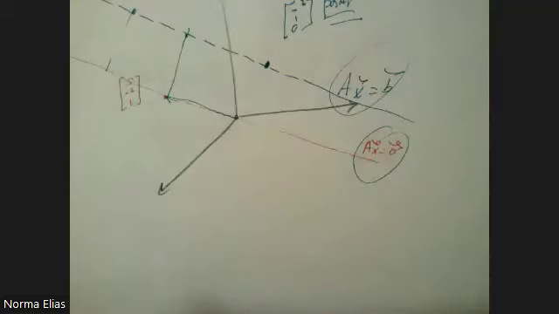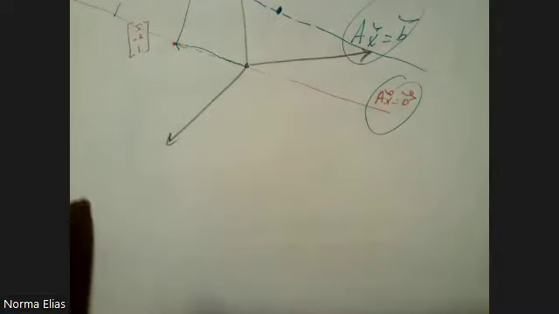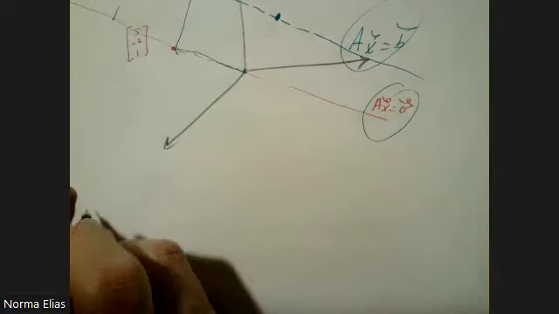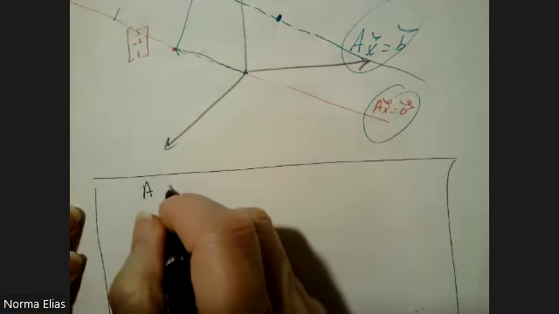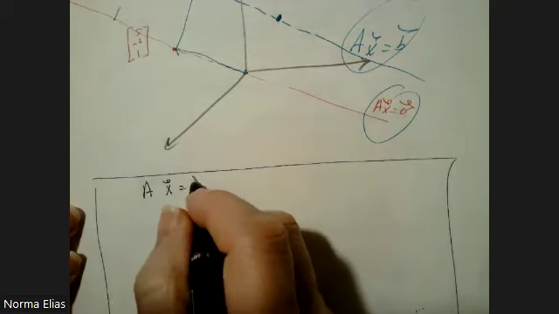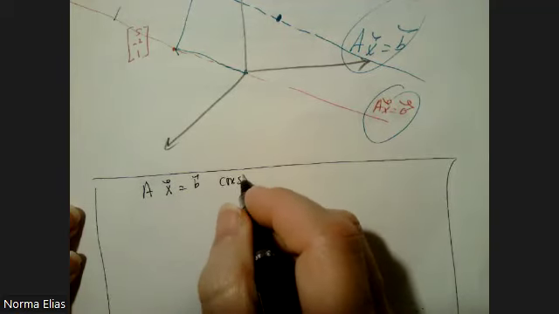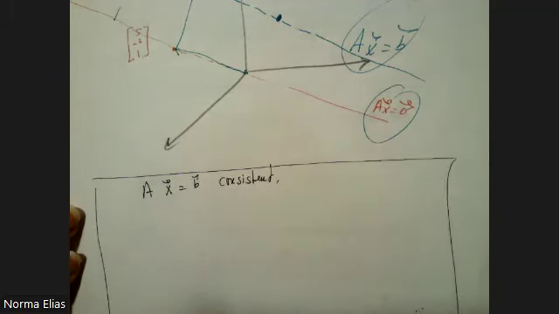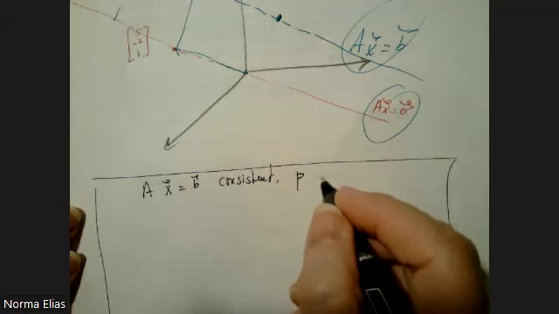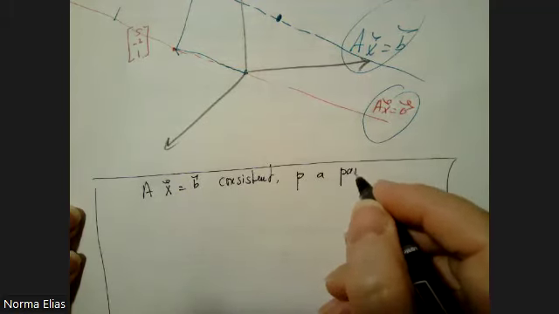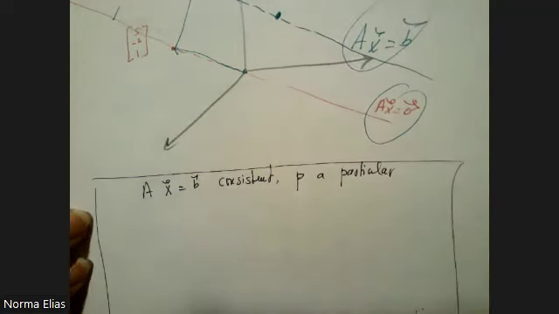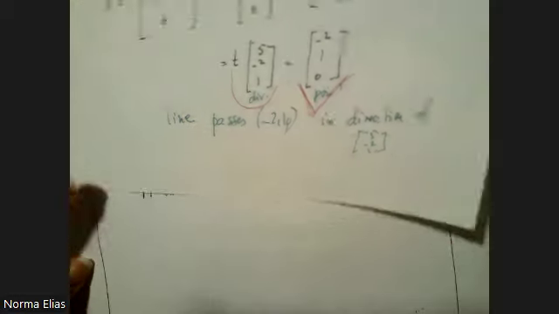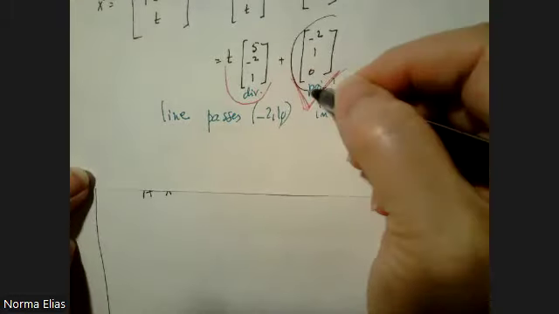So in general, we can state the following theorem. Suppose Ax equal to b is consistent, and p a particular solution. It means a solution obtained for a specific value of t. So a particular solution here is -2, 1, 0.